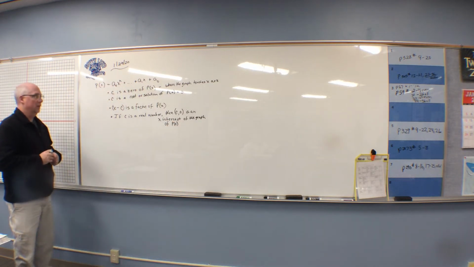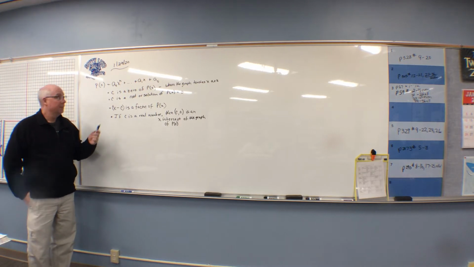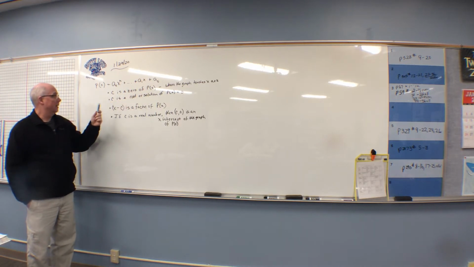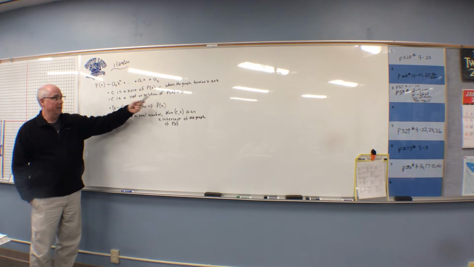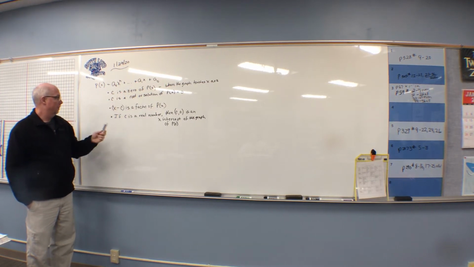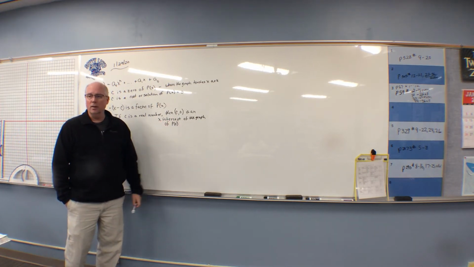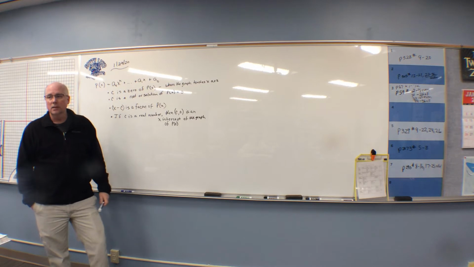Okay? So let's go through it again. All four of these are true. If c is a 0 of p of x, then c is a solution or root of p of x equals 0. And then x minus c is a factor of this. And then if c is a real number, then c, 0 is an x-intercept of the graph, which is what we set up here, right?